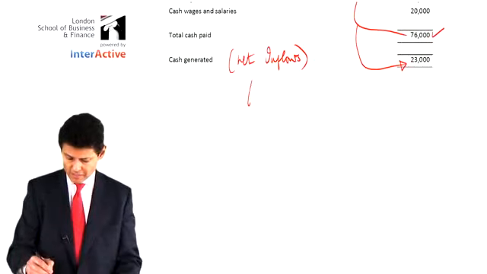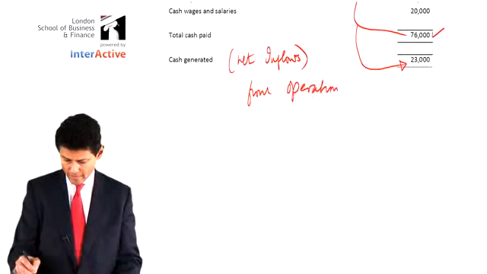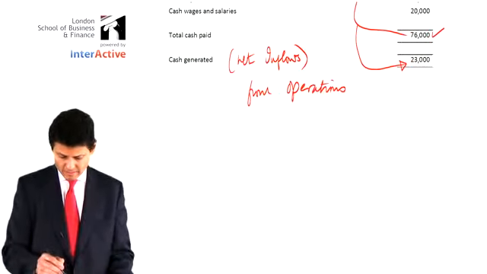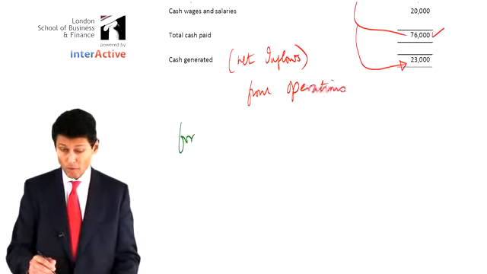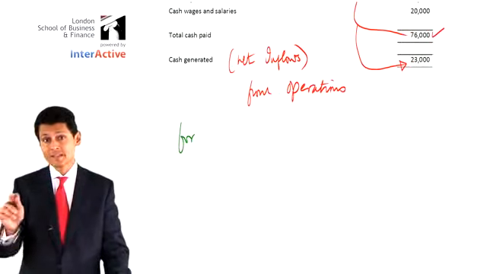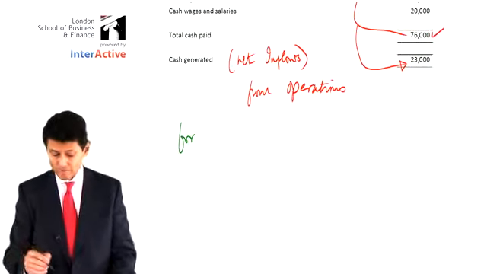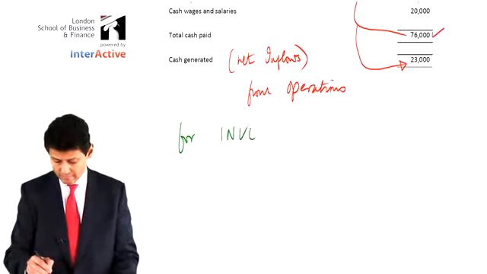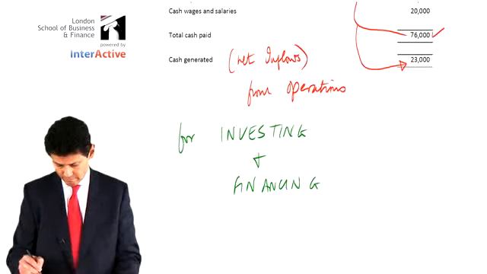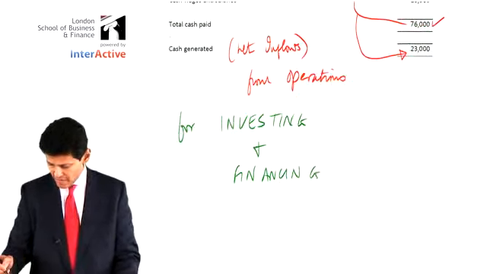So I better just say this is from operations, and the other point I ought to make is for operating, what's the other one? Investing, and the other one? Right, financing. For investing and financing, normal approach is fine.